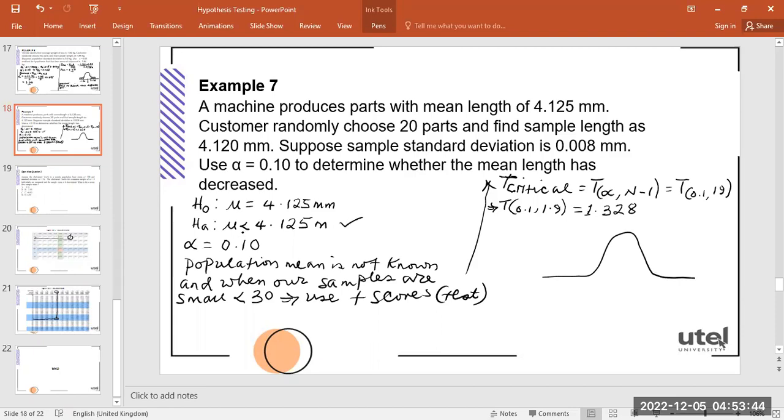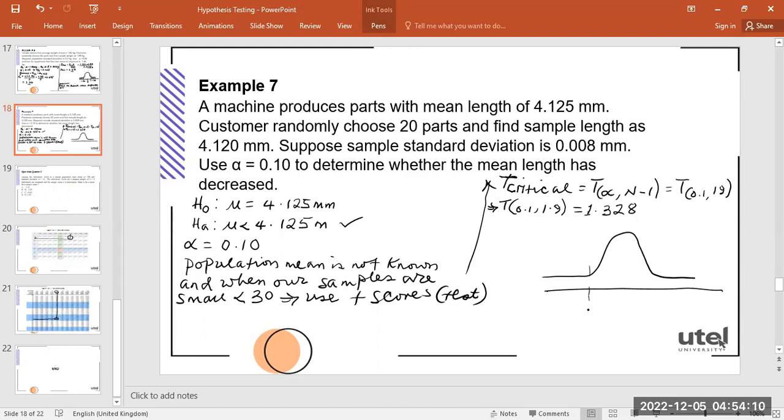We said that the mean is less than 4. So it can never be greater than 4. But when we say that the mean is not equals to 4, it means that the mean could either be less than 4 or greater than 4. Hence, we are going to have a two-tail, one to the left and one to the right. But in this case, it simply says that the mu is less than 4. Then it means that we are going to have just a one-tail test to the left.